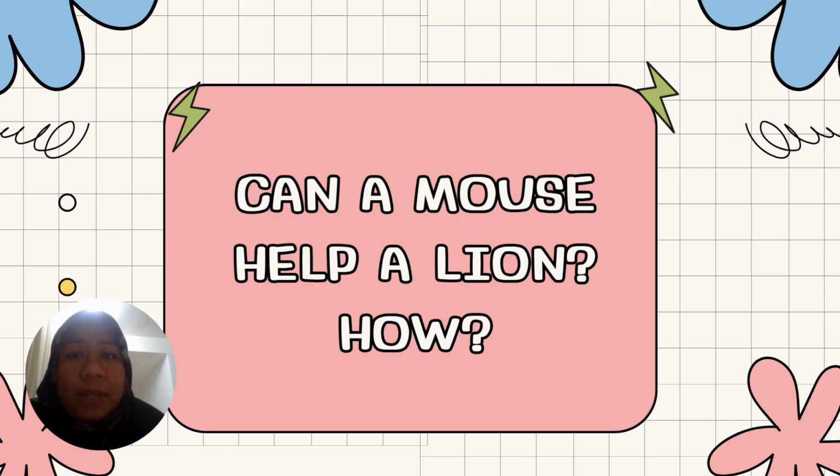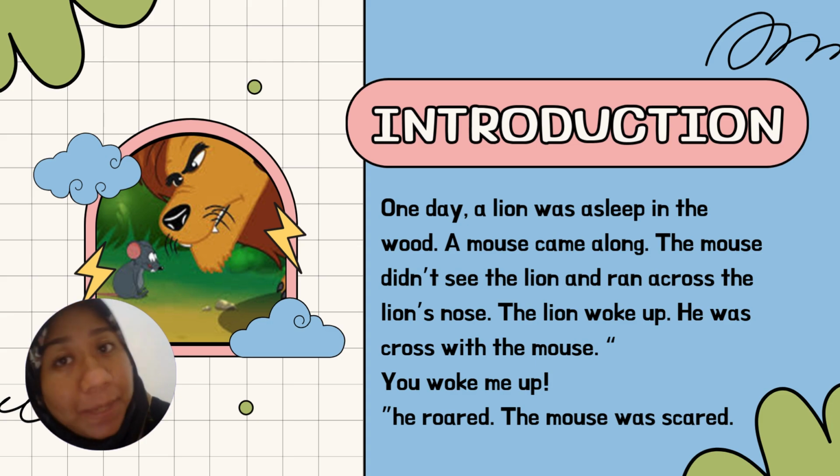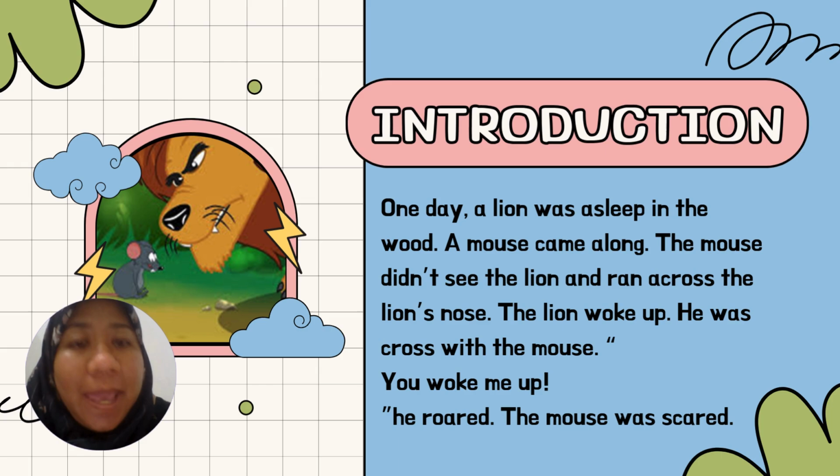So think about it. One day, One the sunny lion day, was while the asleep lion in the was wood. peacefully sleeping A in the mouse woods, came a along. little mouse The screeched mouse did not by. see the lion In her and ran hazel, across the in her haste, lion's nose. The she lion woke accidentally up. ran across the He lion's was nose, cross with the waking him mouse. up from You from the woke me slumber. up, he The lion, roared. The feeling mouse disturbed and was angry, scared.